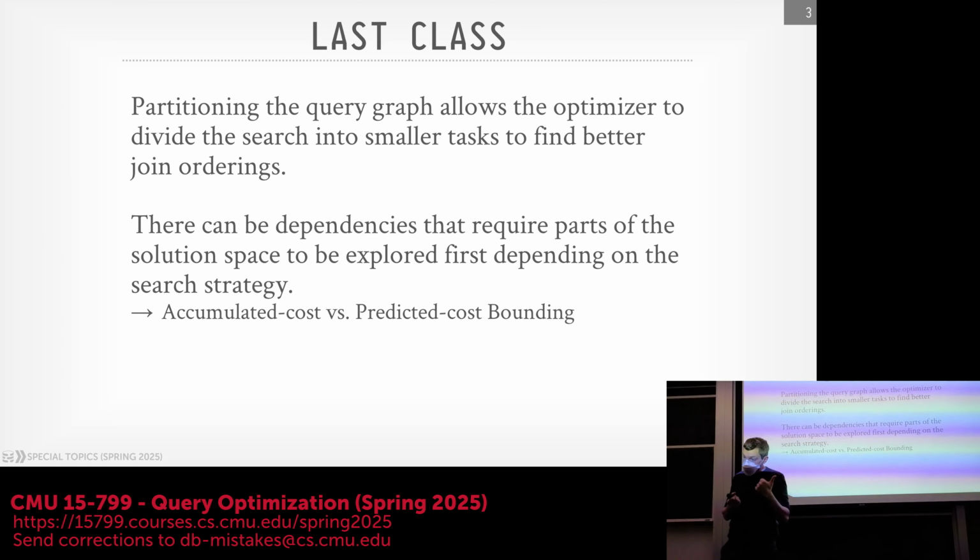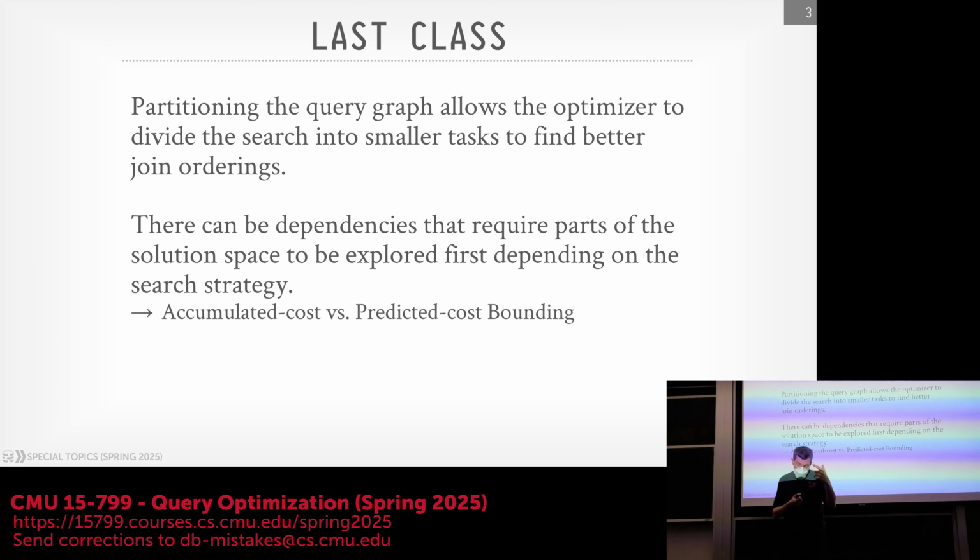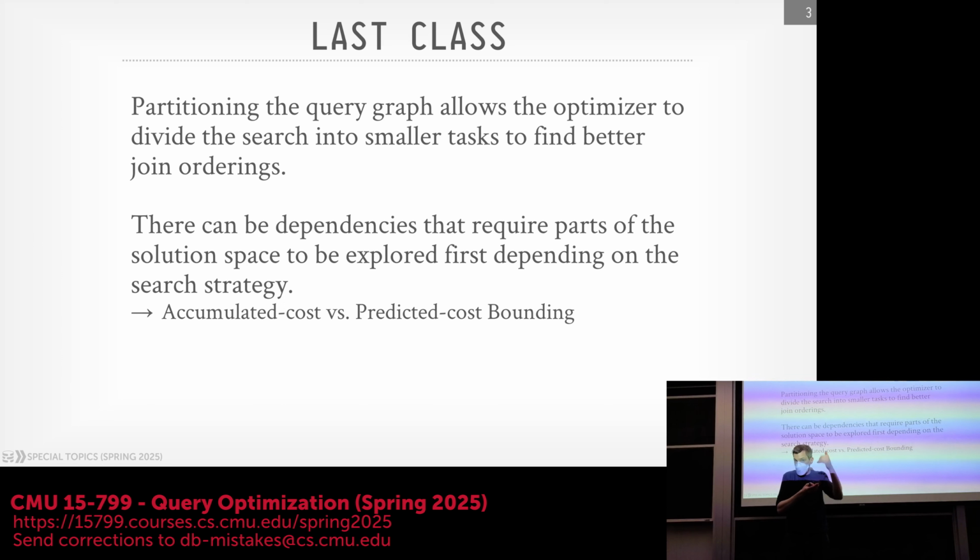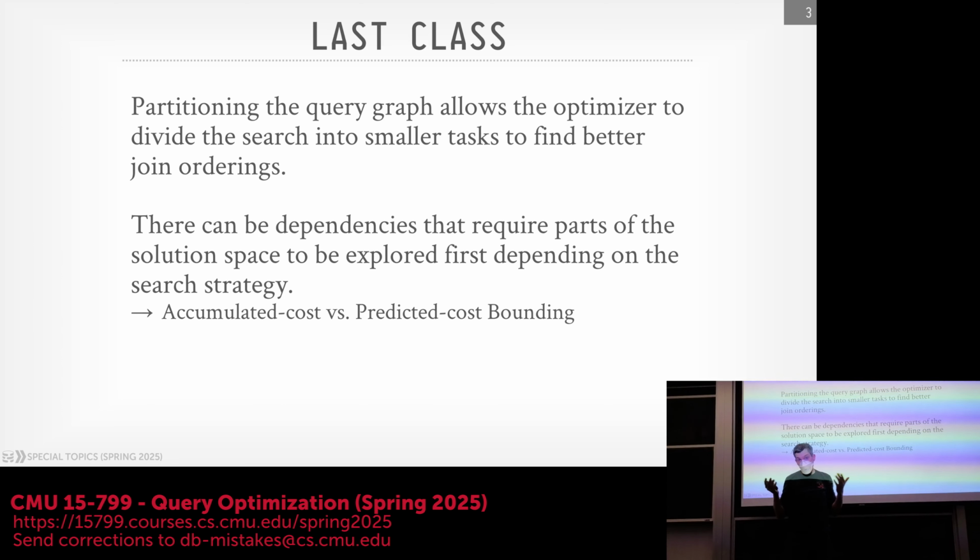We saw this in accumulated cost versus predicted cost bounding. In top down, this is more of an issue because if you're doing accumulated cost, you need a physical plan to get that first initial cost to figure out what your upper bound is. So you need one thread to go down to the bottom and generate some physical plan, even though it's not ideal.